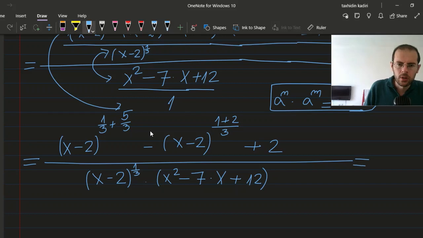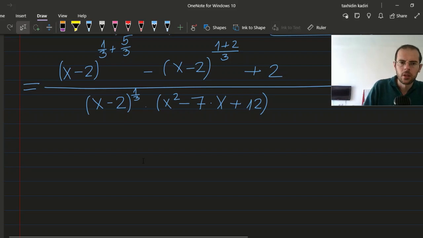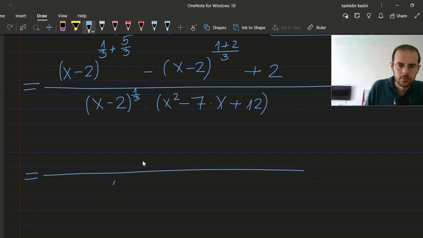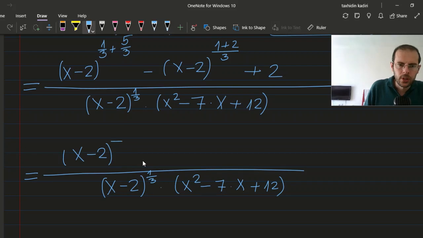Here is equal. Now what we have? (x minus 2) to the power 1/3. Here we have x, 7 multiplied by x plus 12. (x minus 2). Here we have the denominator is 3.